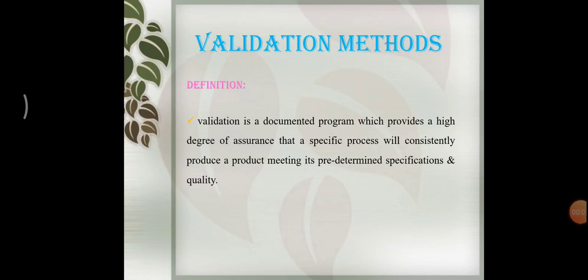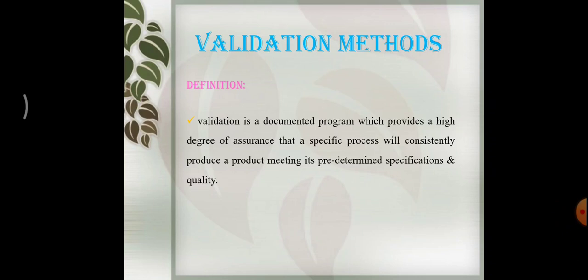Validation methods is the last part of quality assurance and the last part of your syllabus. Validation is defined as a documented program which provides a high degree of assurance that a specific process will consistently produce a product meeting its predetermined specifications and quality.